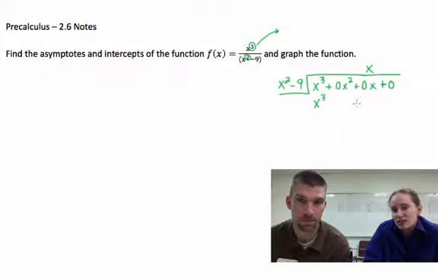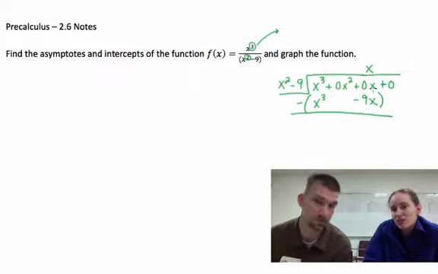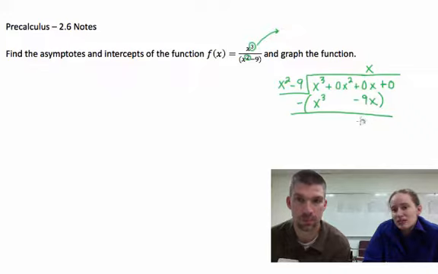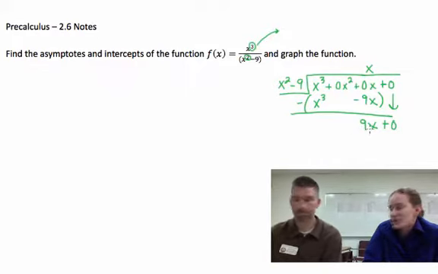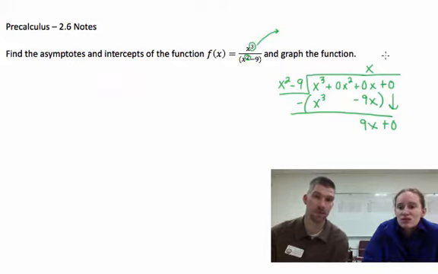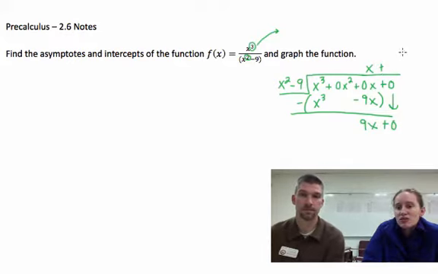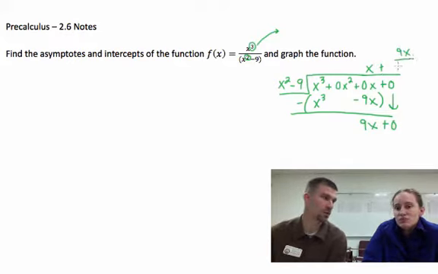Negative 9 times x is negative 9x, but we want to subtract the whole shooting match. So x cubed minus x cubed is 0. Drop down the 0x squared, it's 0. Then 0x minus a negative 9x is positive 9x. I cannot multiply x squared by something and get 9x. It's pretty much impossible. So that's a remainder situation.